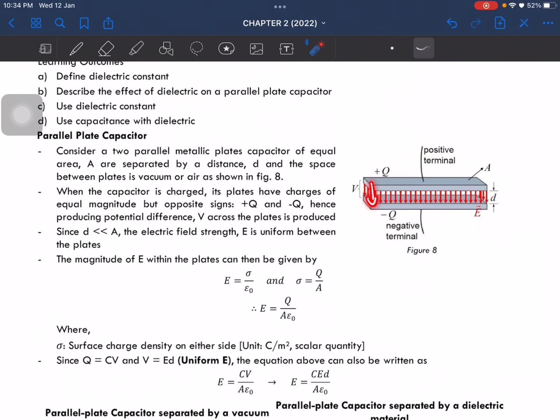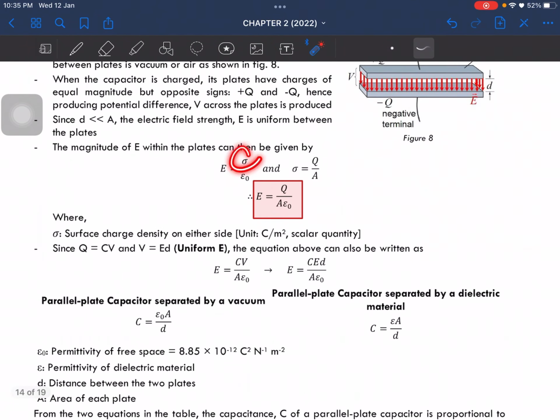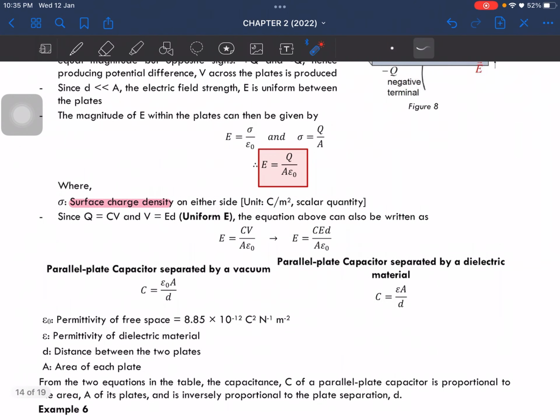The magnitude of the electric field can be calculated by the formula given here, where sigma is known as the surface charge density. The unit is coulomb per meter square, and it is a scalar quantity. Since Q is equal to CV, we can write V is equal to Ed here.